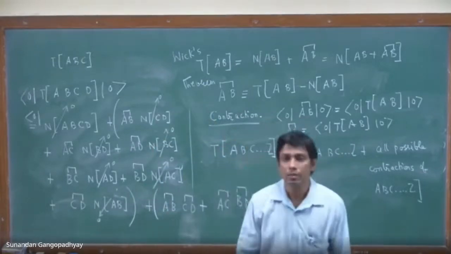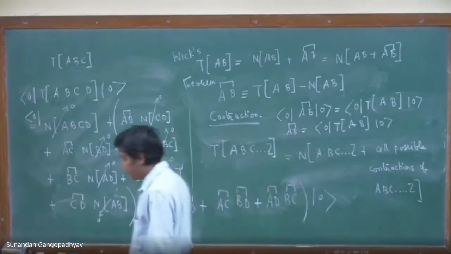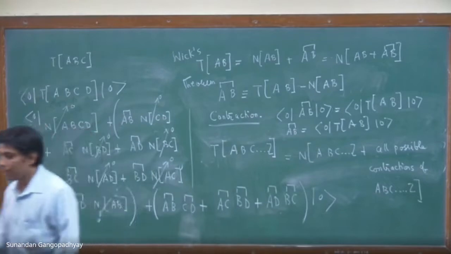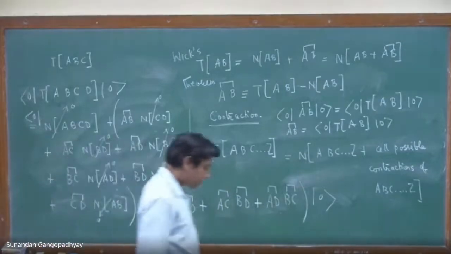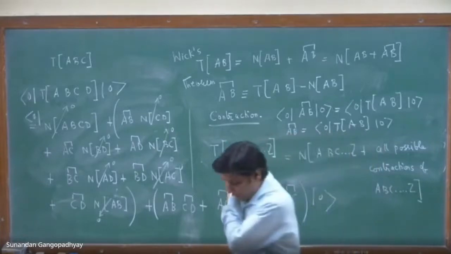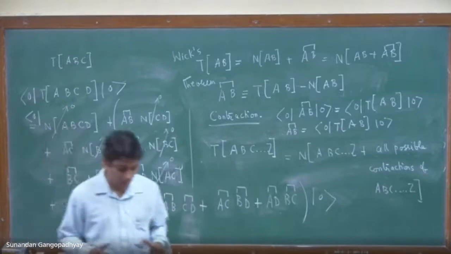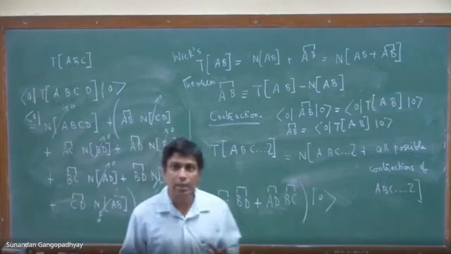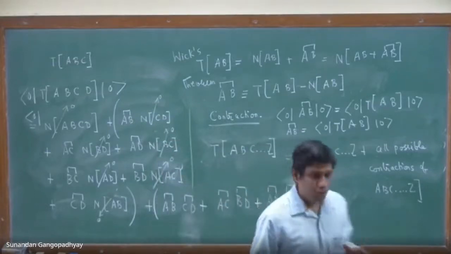Why? Because as I mentioned to you earlier, recall that the field in the Heisenberg picture is evolving via the full interacting Hamiltonian, starting from time t equal to 0. What we are considering is that the full Hamiltonian is time independent and equal to H naught plus V, where V is the interacting part.